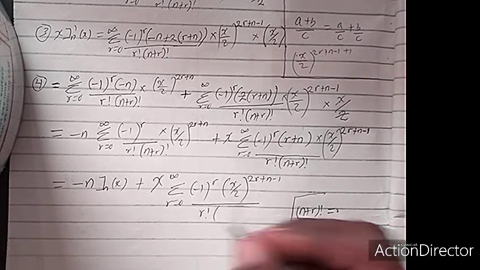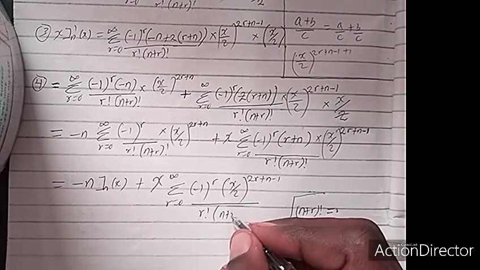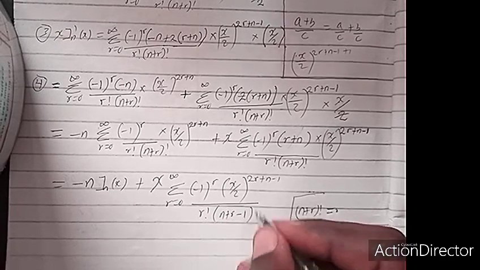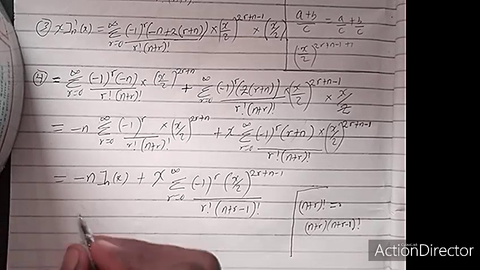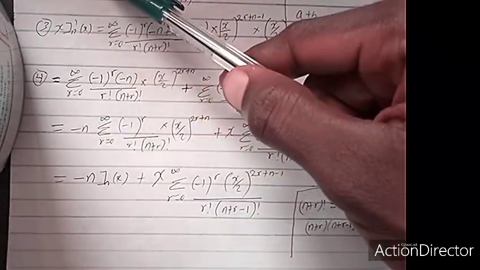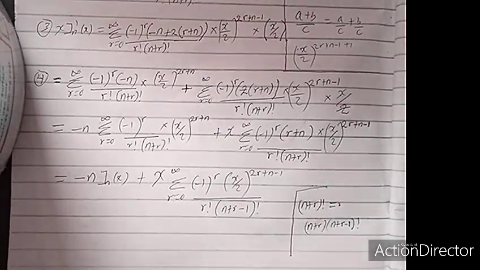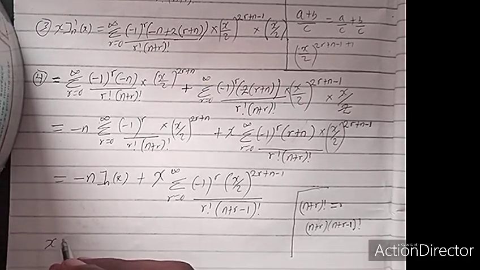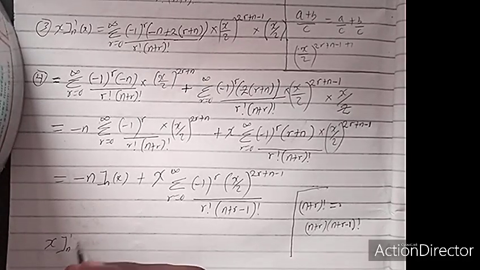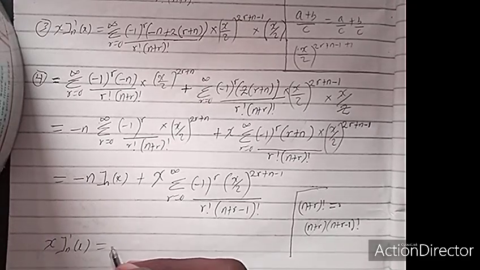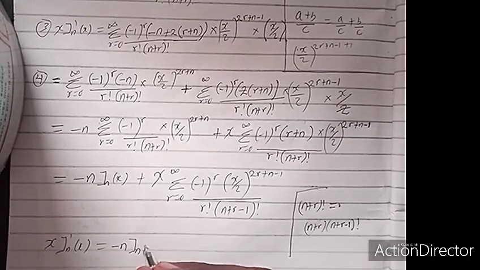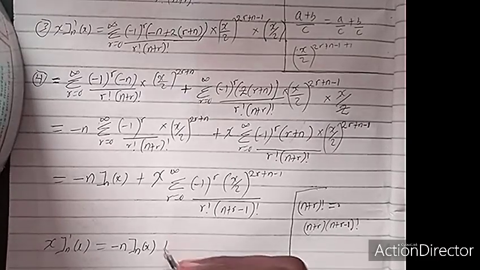So this place will be n plus r minus 1 factorial. So to now write the final answer, you don't forget that we have xjn of x from here, so I'll bring it back. Have xjn prime of x, which is equal to minus njn of x plus x.